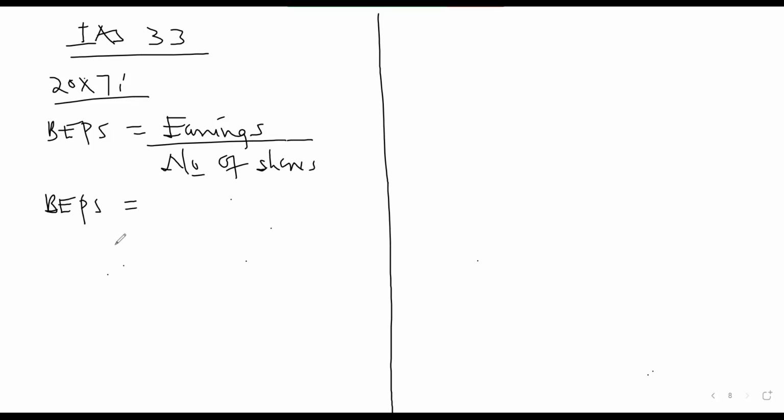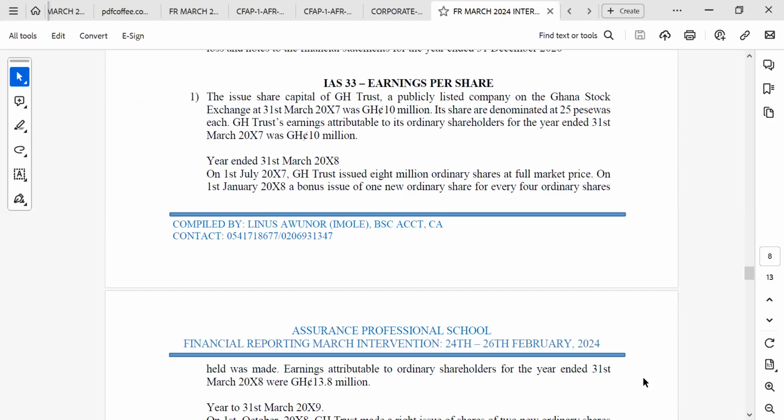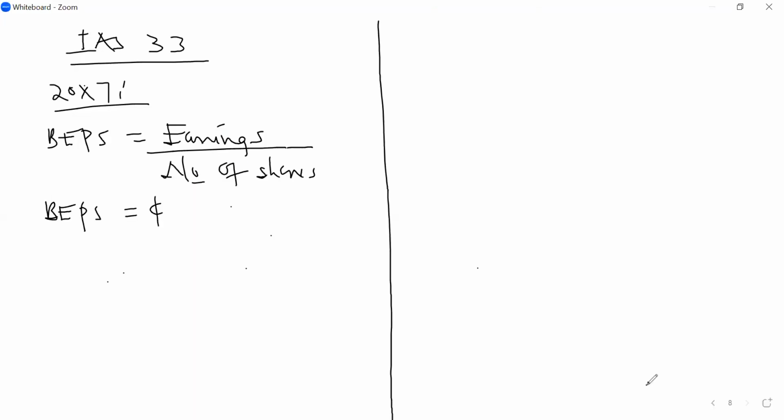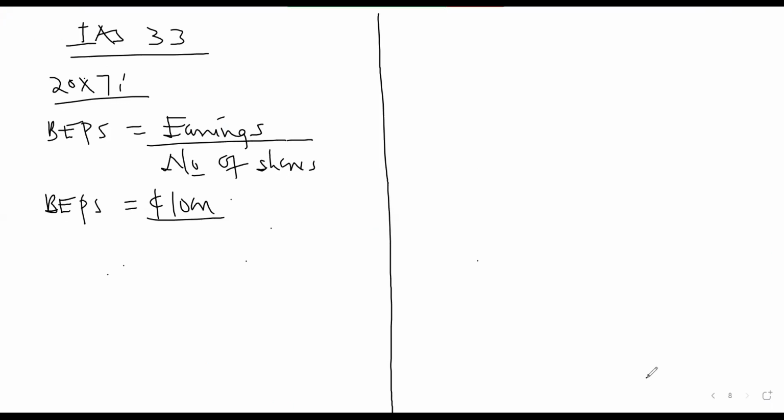So what is the earnings for the 2x7? They have given you the years one by one. For the year ended 2x7, what is our earnings? 10 million. Okay. What will be the number of shares?